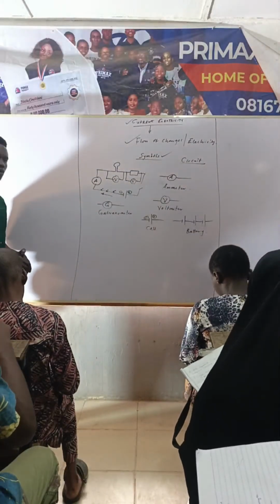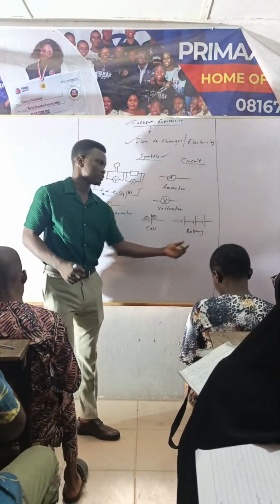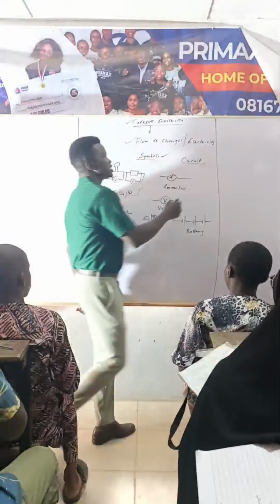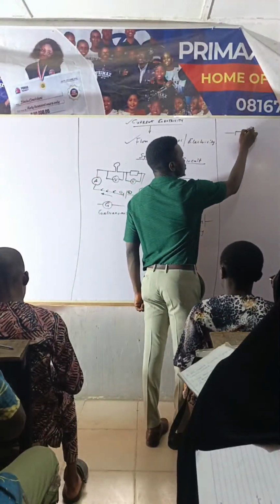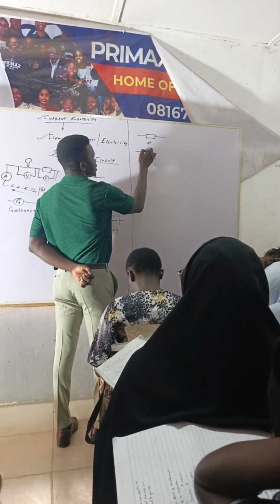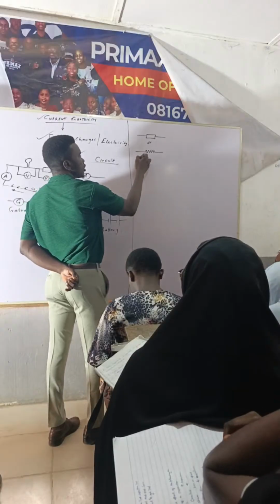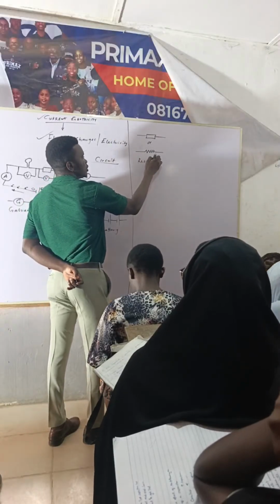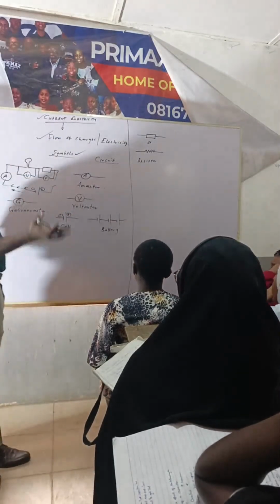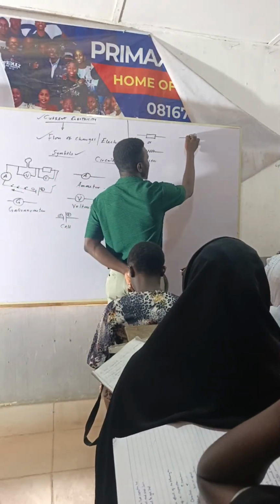It's just the introduction. So a collection of cells is called a battery. You can also have something like this. When you have a symbol like this, or the symbol can also look like this, this symbol is called a resistor. You will know what a resistor is as I'm moving on. Now, you can also have a symbol like this.